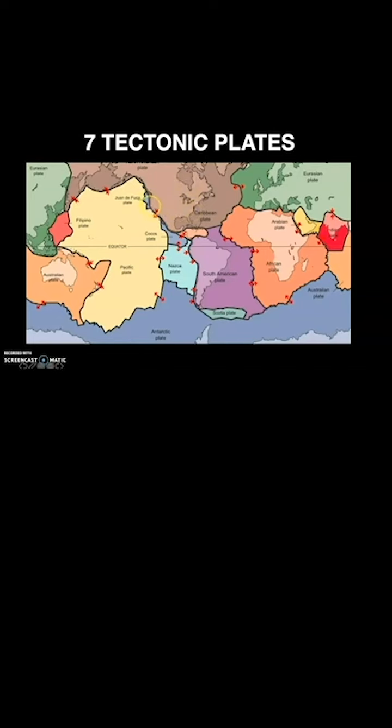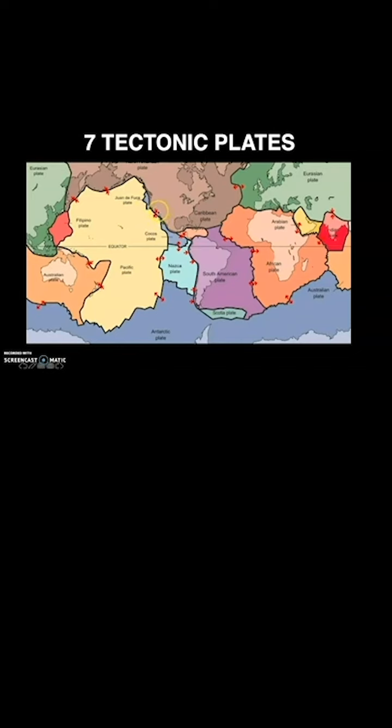And you can see where they interact. Right here, this is the San Andreas Fault. It's about 800 miles. It's a transform boundary. So these two plates are actually just sliding next to each other.